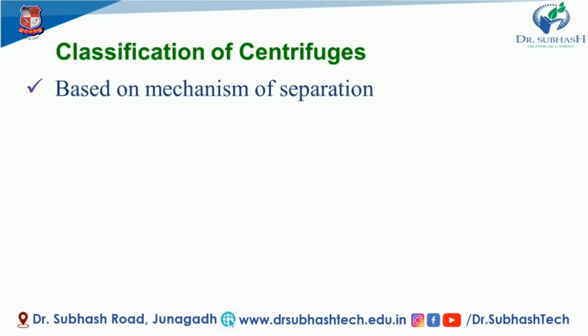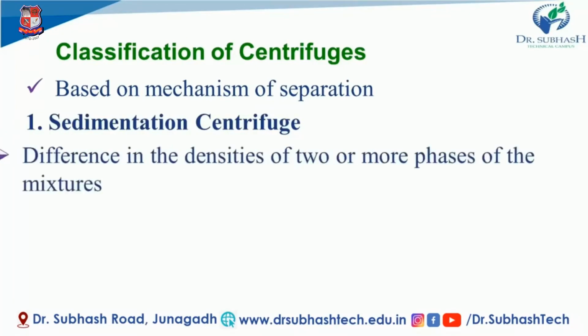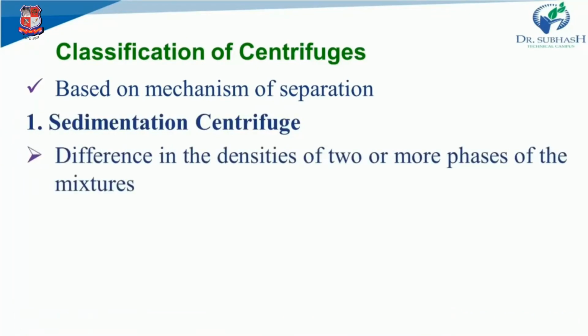So please focus here. The first is sedimentation centrifuge. Difference in the densities of 2 or more phases of mixtures. If there is a difference in density, which you easily understand now, then it is called sedimentation centrifuge. Ultracentrifugation is a part of sedimentation centrifuge.